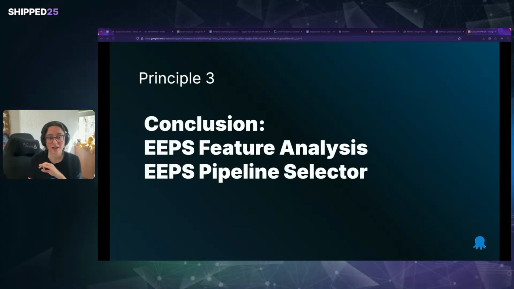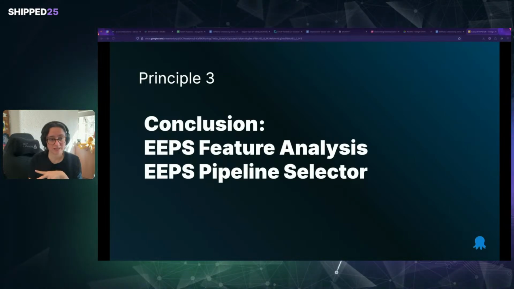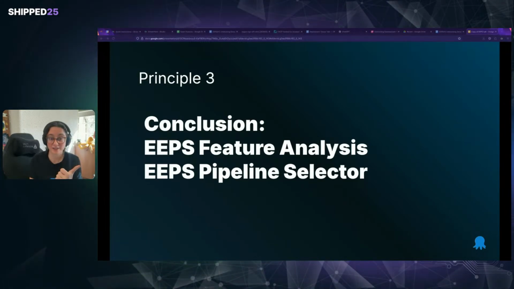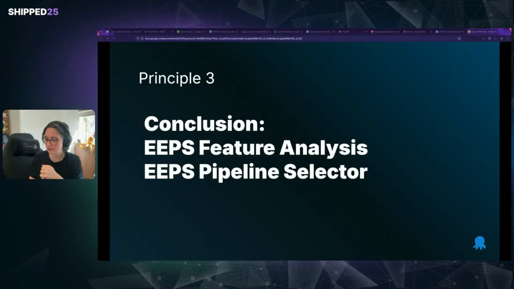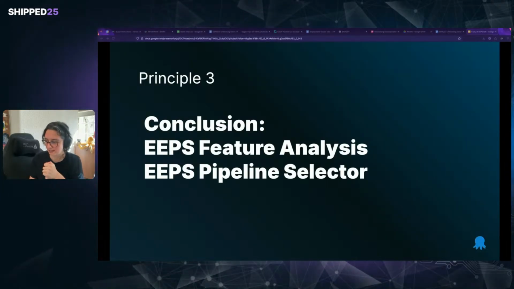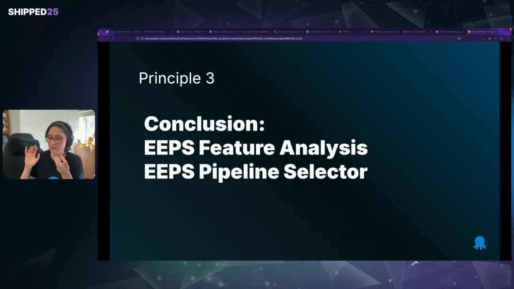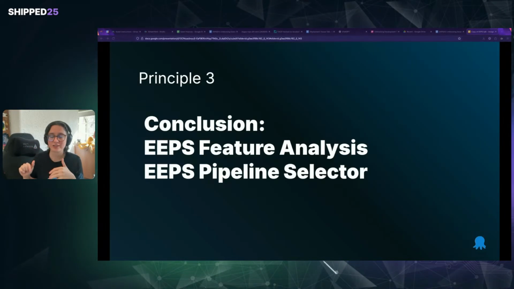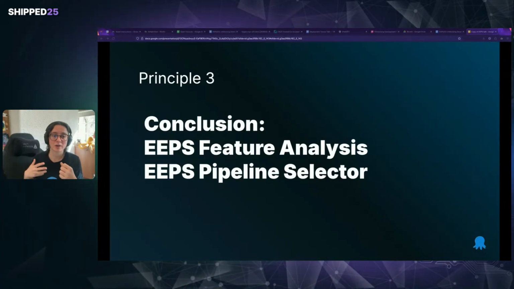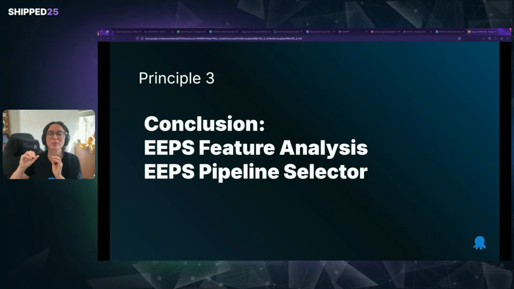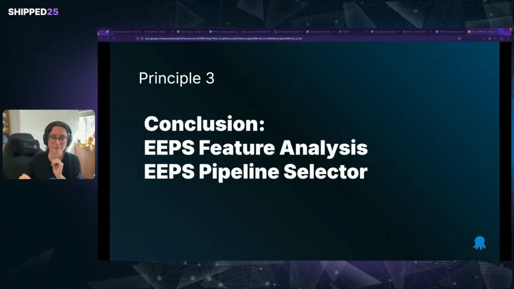This led us to two of the EAPS features: again, the feature analysis one, and then the pipeline selector. The feature analysis, understanding what a customer's deployment does at the point that it's run, allowed us to defer our decision about which pipeline it was going to run on until the very last second, up until the point that they actually hit run.